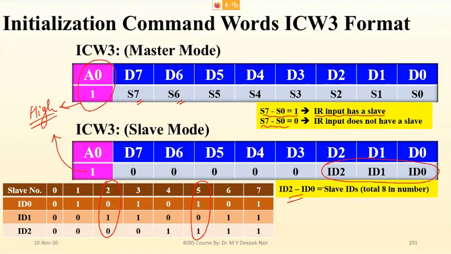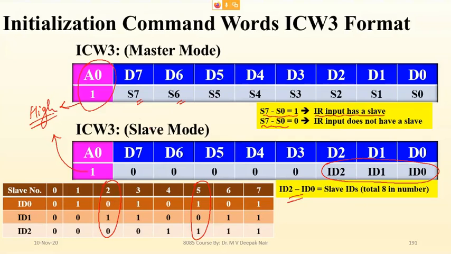So ICW3 can be of 2 types. One is when the IC is working in master mode. The second is when the IC is working in slave mode. In slave mode, we will look into the 3 bits D2, D1, D0 to identify the numbers of the slave, slave number 0, slave number 2 up to slave number 7.